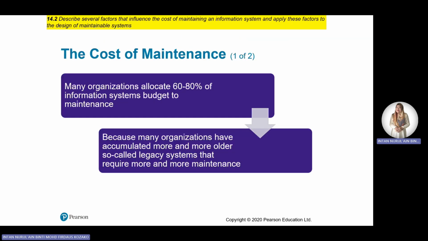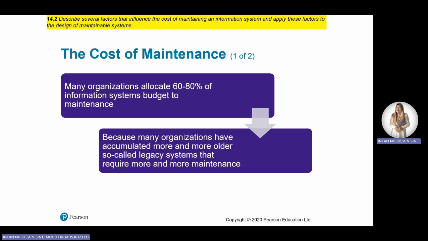And then on the cost of maintenance, on average the organisation will allocate around 60 to 80% of the information system budget to maintenance.